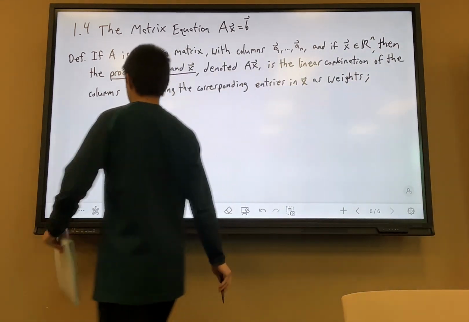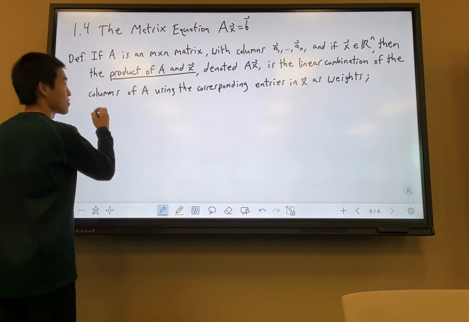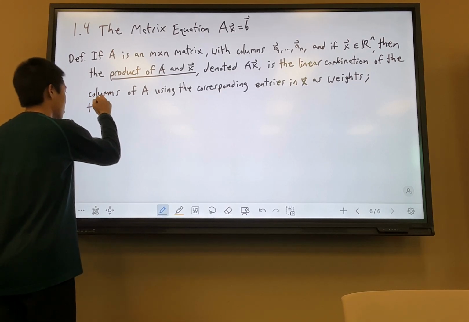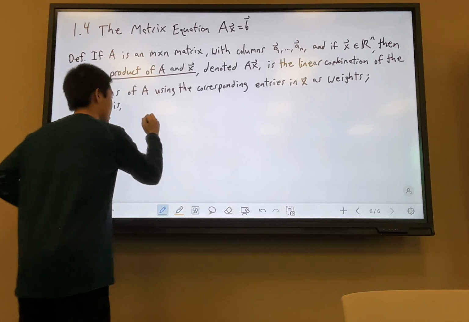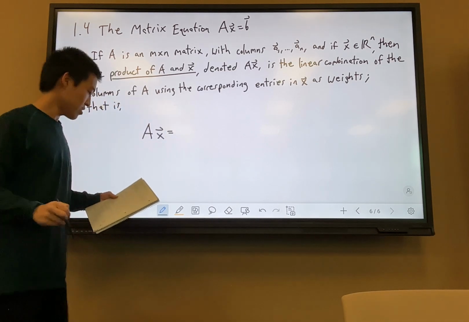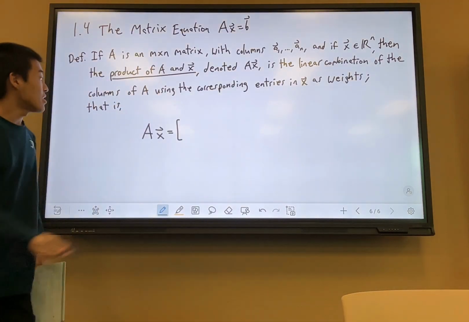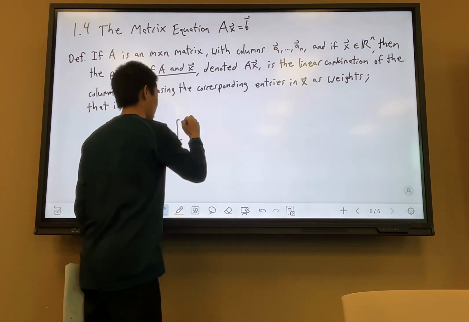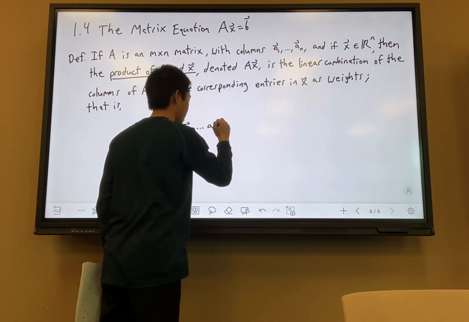So we can actually just describe all of that English with some math notation. That is, I could say that Ax, which, if I describe A with the column vectors, I know that A has n columns. So I have column vector 1 through column vector n.